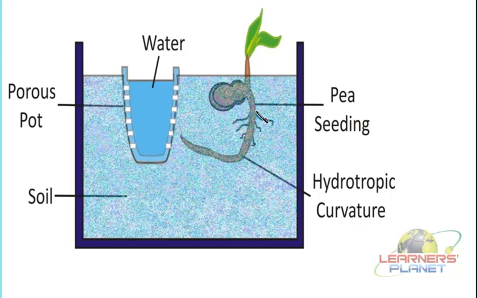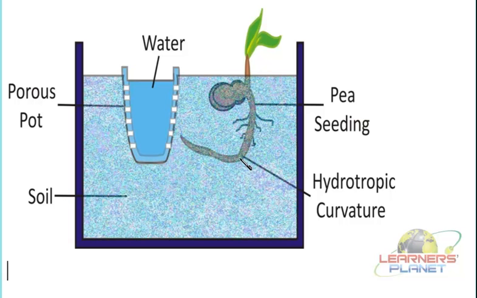Now on the other side we had sown a small seedling, and now you observe how this growth is taking place. The seedling will give rise to the shoot as well as the root part, and you can observe that the roots tend to grow in the downward direction and the shoot is growing in the upward direction.